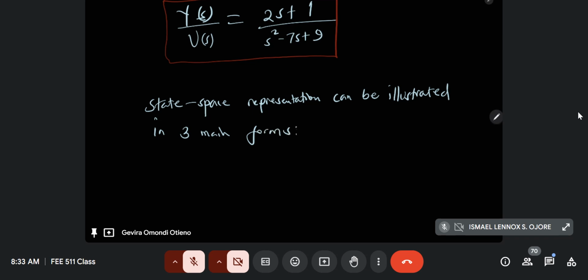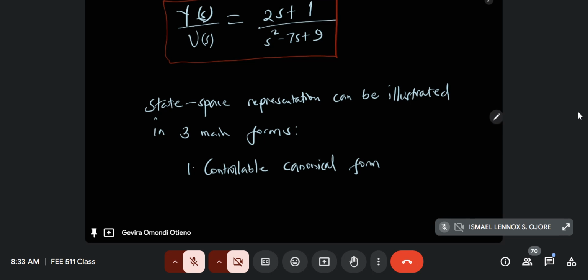Meaning, there are three different ways of state space representation. The first one is known as controllable canonical form.